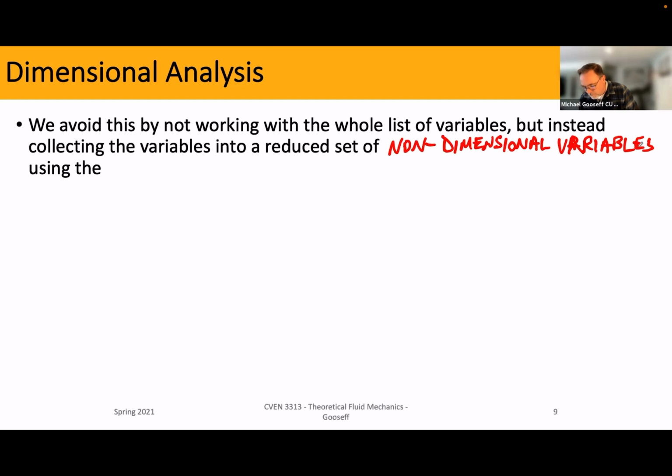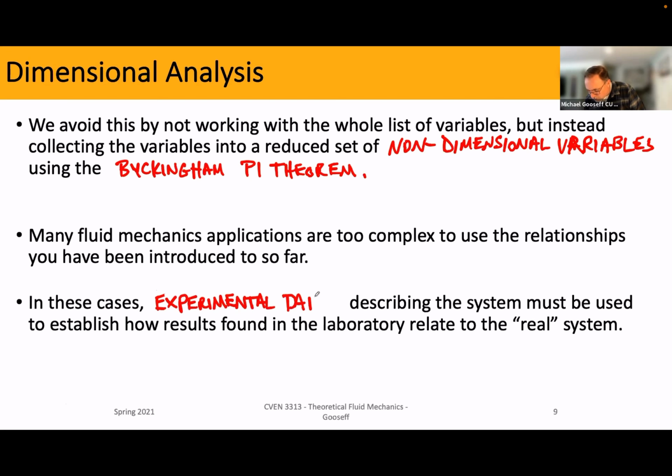Many fluid mechanics applications are just too complex to use the relationships that you've seen so far. And so we have to come up with other ones. In these cases, we use experimental data describing the system to establish how results found in the laboratory will relate to a real system, okay?